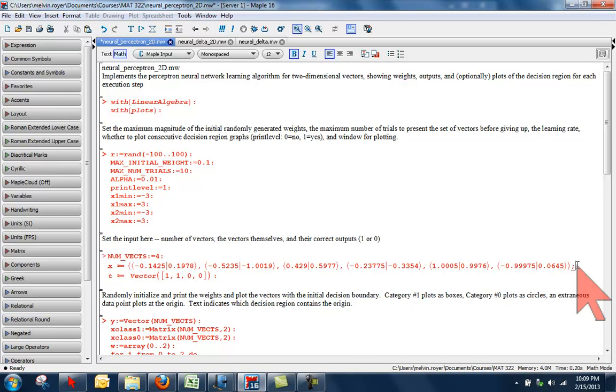If you want to see how Maple is interpreting what you've copied and pasted, if you replace the colon at the end by a semicolon, then when you push enter, Maple will indeed echo this input.